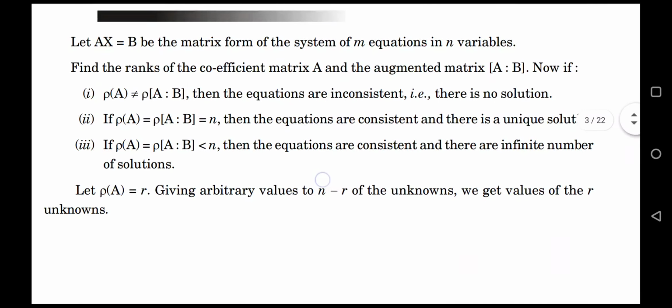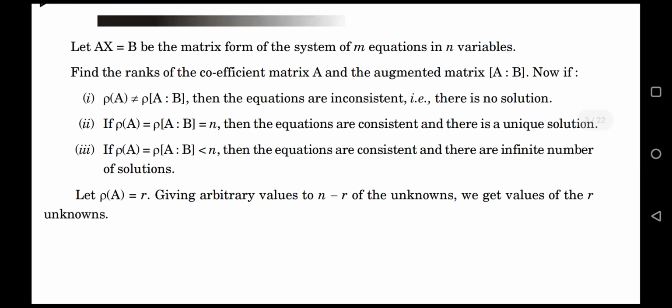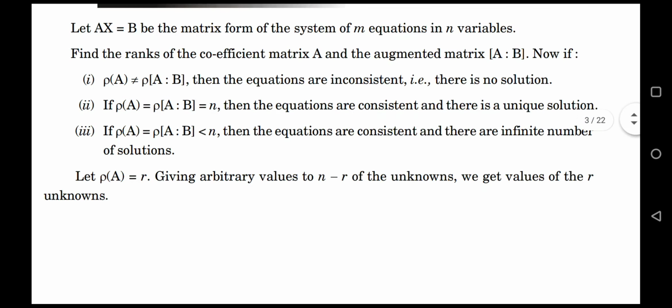Case number 1: rank of A not equal to rank of A augmented B. Case number 2: rank of A augmented B equal to rank of A equal to n, where n is the number of unknowns x, y, z. And case number 3: rank of A equal to rank of A augmented B less than n, the number of unknowns. In the first case, there is no solution.